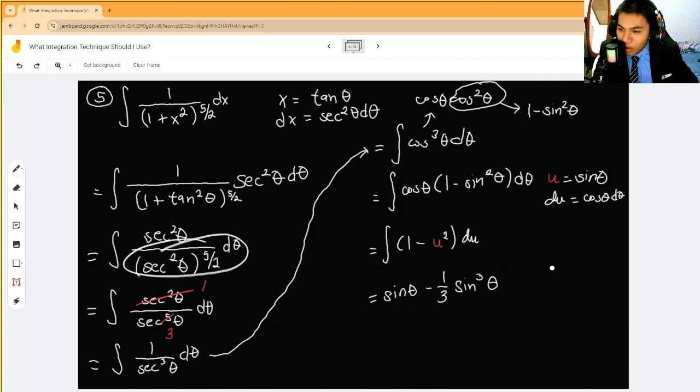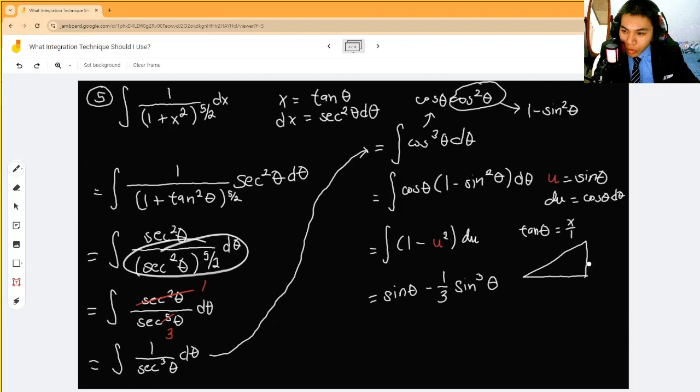So we can draw a right triangle. We take note of the trig-sub we did earlier. So we know that x is equal to tangent theta. So we know that tangent theta is equal to x over 1. There's automatically going to be an over 1 there. Since we divide by 1, it's going to be x. So we have to use a bit of imagination for that.